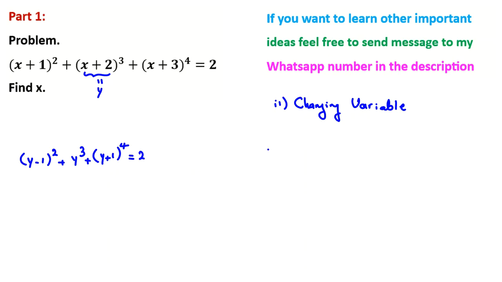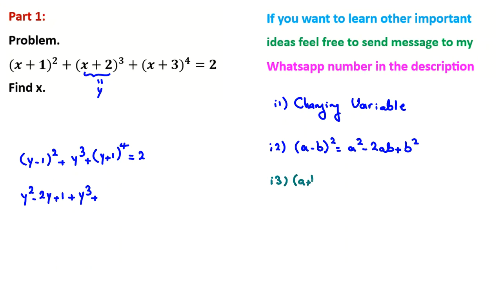And now for this one, we should know the identity a minus b whole squared, a special case of the binomial theorem: a squared minus 2ab plus b squared. So first one is y squared minus 2y plus 1. Next one is y cubed. Next one, we should use a plus b to the 4, a special case of the binomial theorem.